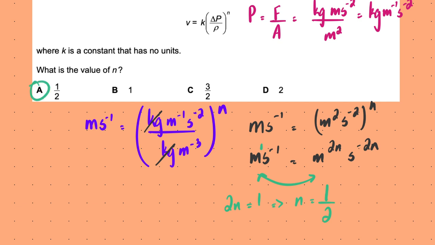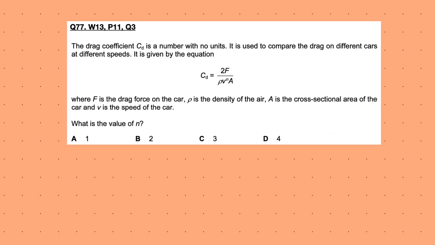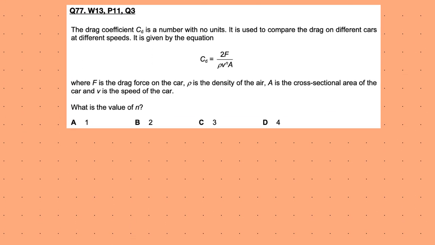Let's do another question. So this is the next question. The drag coefficient CD is a number with no units. It is used to compare the drag on different cars at different speeds. It is given by this equation, where F is drag force, rho is density, A is cross-sectional area, V is speed, and you are to find the value of N. Alright.